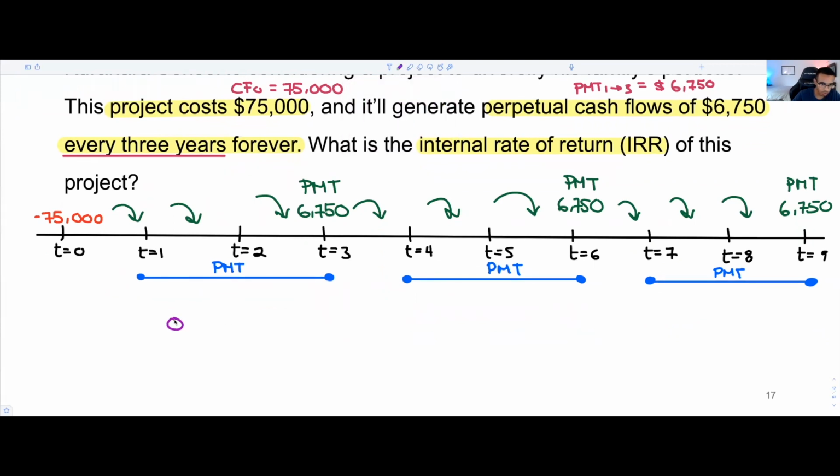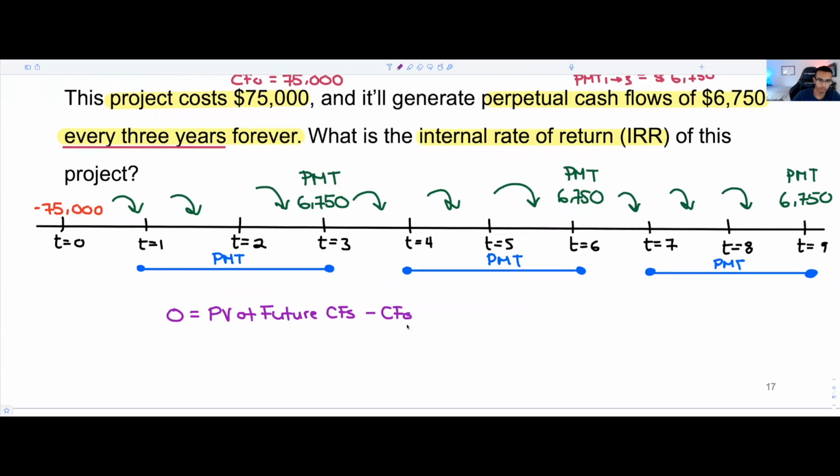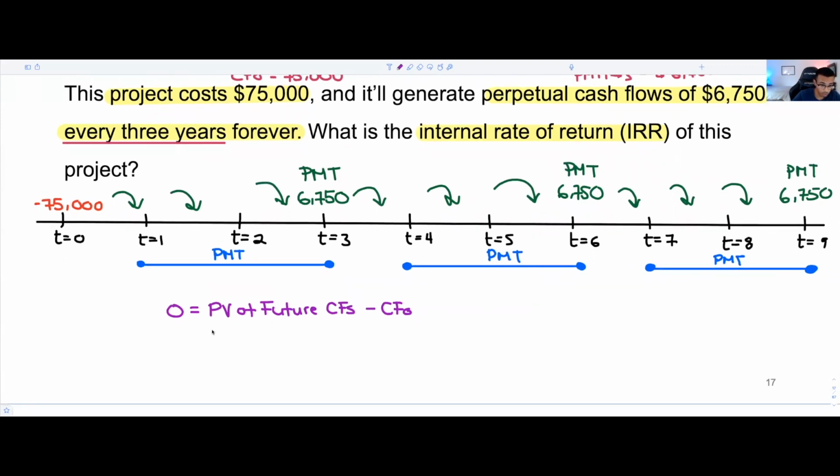We would have 0 is equal to the present value of our future cash flows plus our initial investment. In this case, we're going to have payment over K. Remember that payment is essentially spanning 3 years, that over K, and of course, we're solving for K. And our initial investment here is once again CF0.